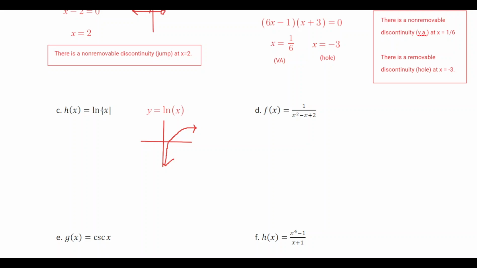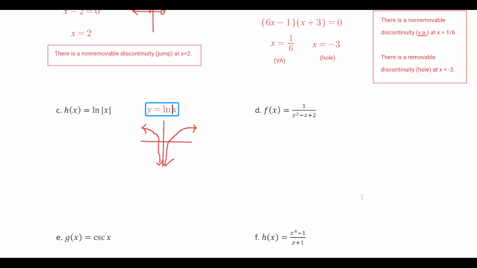So whatever negative values I input are changed to positive, and then we take the natural log of that. In effect, every single negative x value now has an output. So you're going to have this exact same curve, but reflected over the y-axis, and so the natural log of the absolute value of x is going to do something like this.